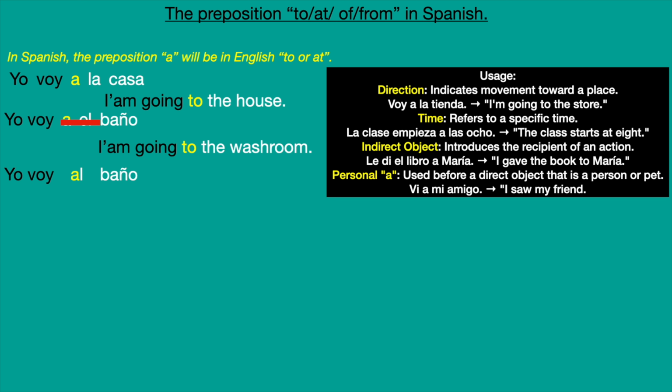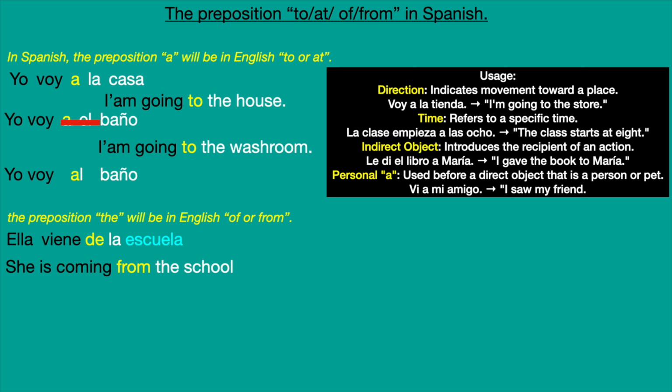Okay, so then we have as well the preposition de. This is another one that is going to have a contraction, and de is used for representing "of" or "from" in English. For example, "ella viene de la escuela."